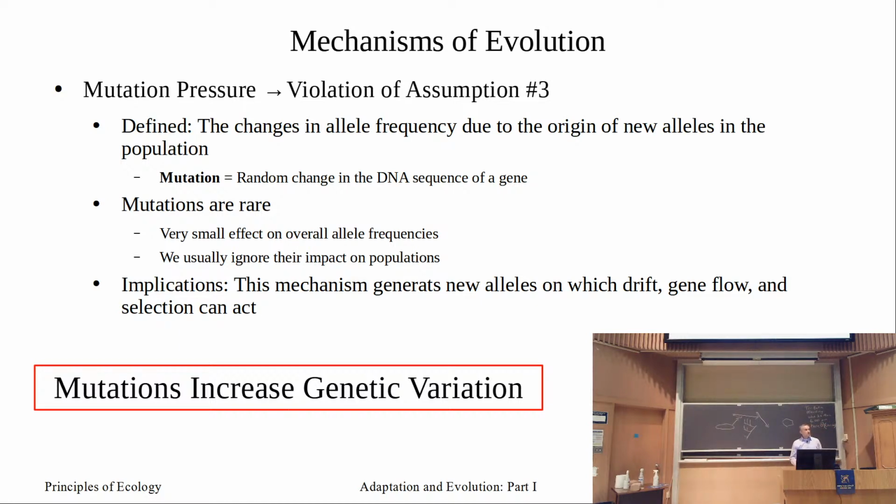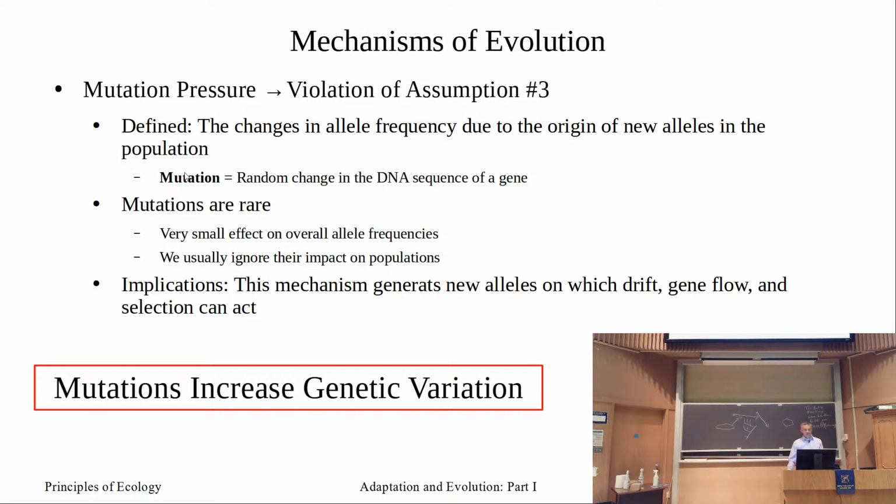All of our variation came from mutation. And then once we have that genetic variability, then recombination can come through and start making new combinations. So what's mutation pressure? Mutation pressure is defined as the changes in the allele frequency due to the origin of new alleles in our population.